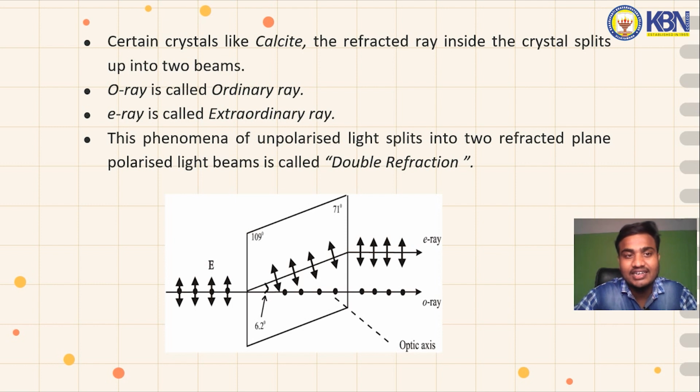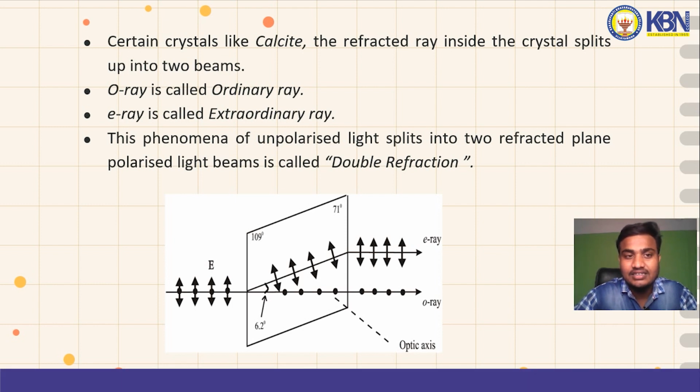The extraordinary ray vibrates parallel to the plane of the paper, and the ordinary ray has vibrations perpendicular to the plane of the paper. Here in this diagram you can see a calcite crystal.